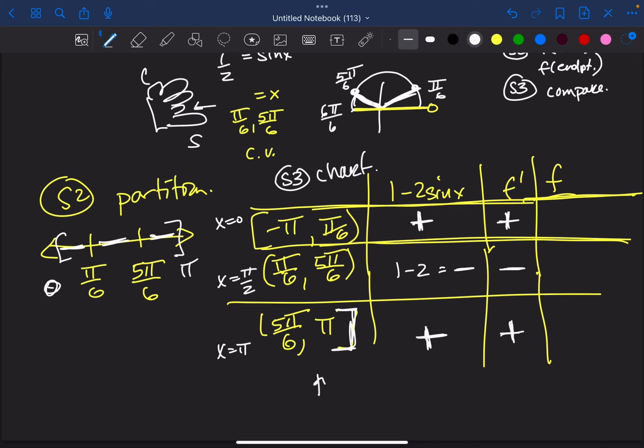The derivative is negative, so we get that f goes from increasing to decreasing to increasing. Right? Okay. Are we happy with that?